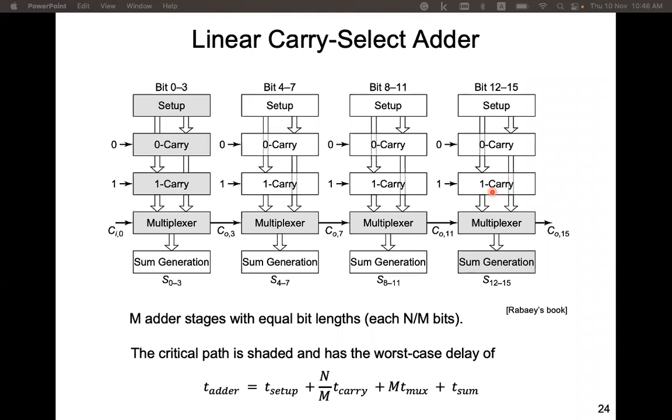Then you get the sum. Those are to generate carry out, only the carry. But the sum needs the carry. To get the sum, you need the carry.